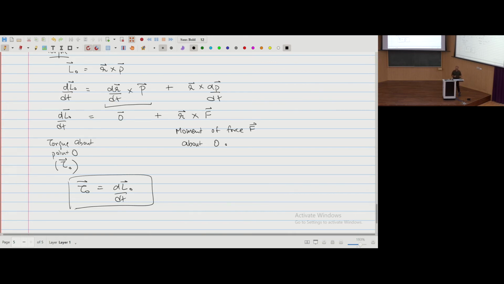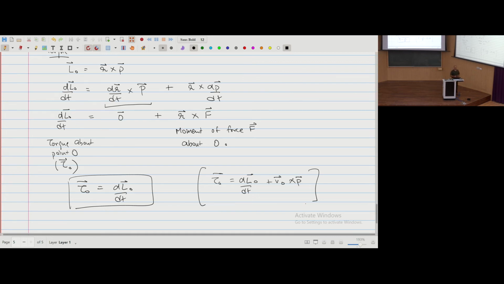Now, I have always been saying that point O is a fixed point. The reason is because if it is a moving point, there is an extra term that appears: the velocity of point O. Of course, if O is a fixed point, then this vO becomes 0.